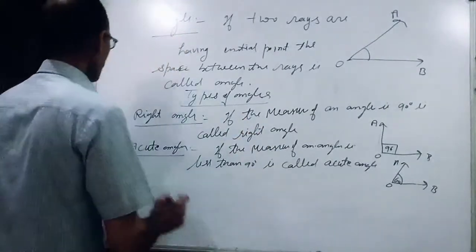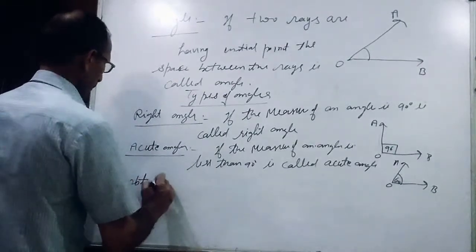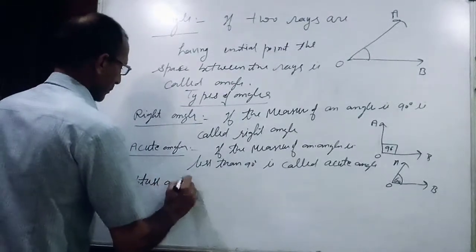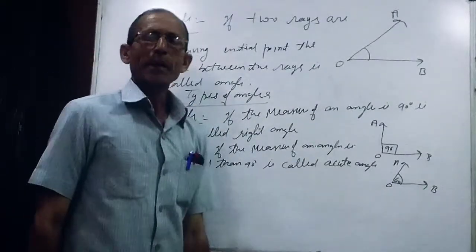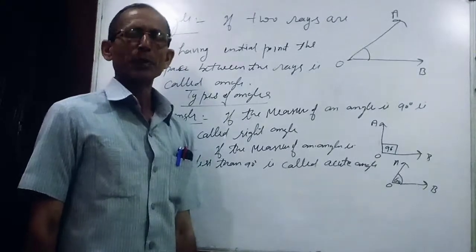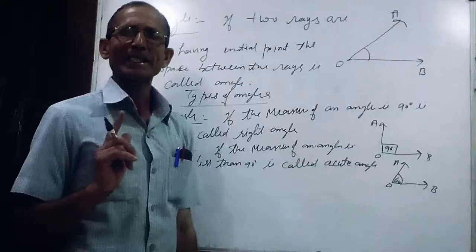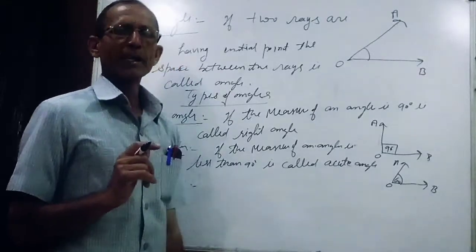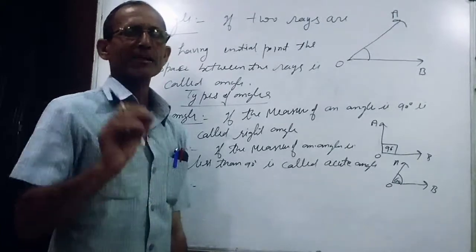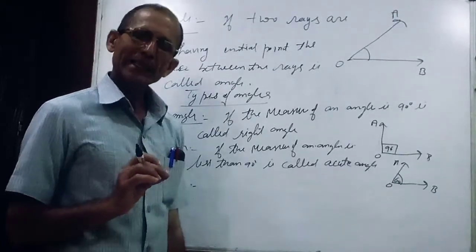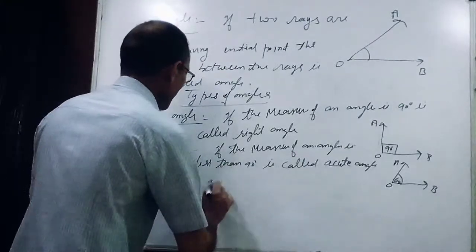Next is the obtuse angle. The measure of an obtuse angle is more than 90 degrees and less than 180 degrees.